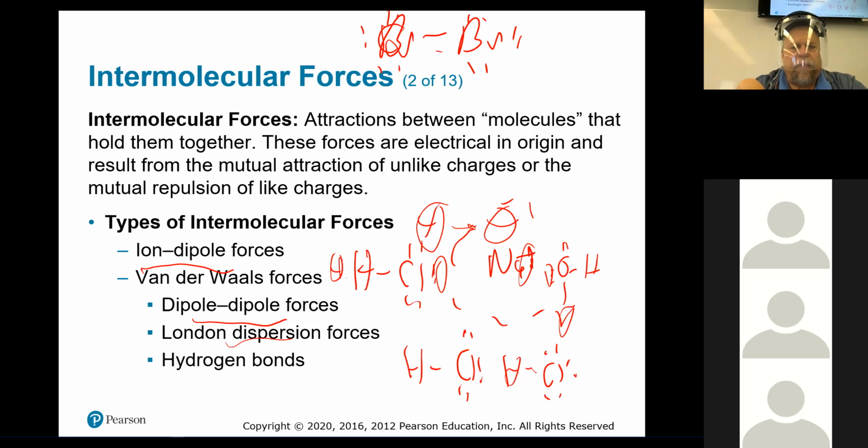Even though the whole thing is nonpolar, it goes back and forth between positive-negative and negative-positive, because those electrons move around the whole molecule, and you get different regions associated with each. The negative region of this one will interact with the positive region of the other, and they go back and forth. That's called London dispersion forces, and that's why bromine is a liquid.